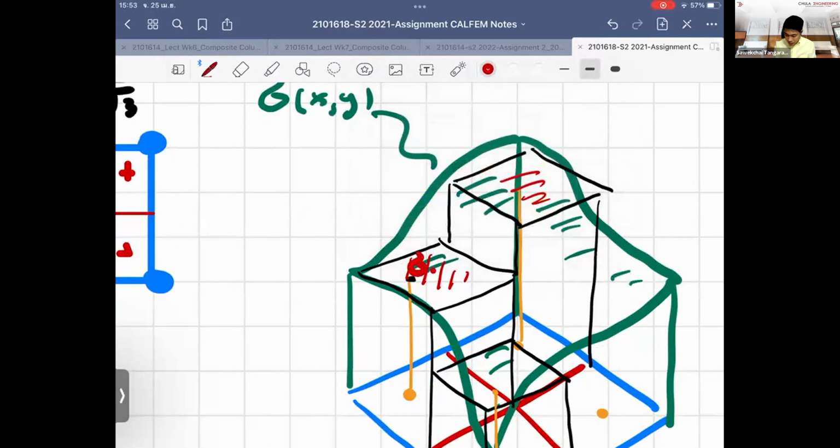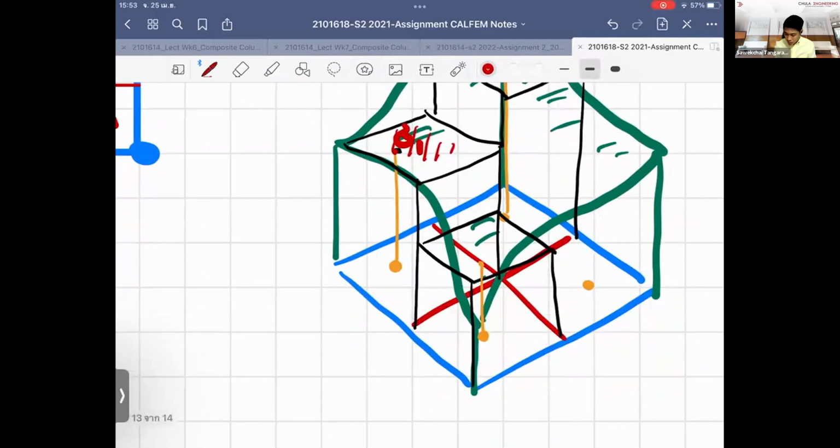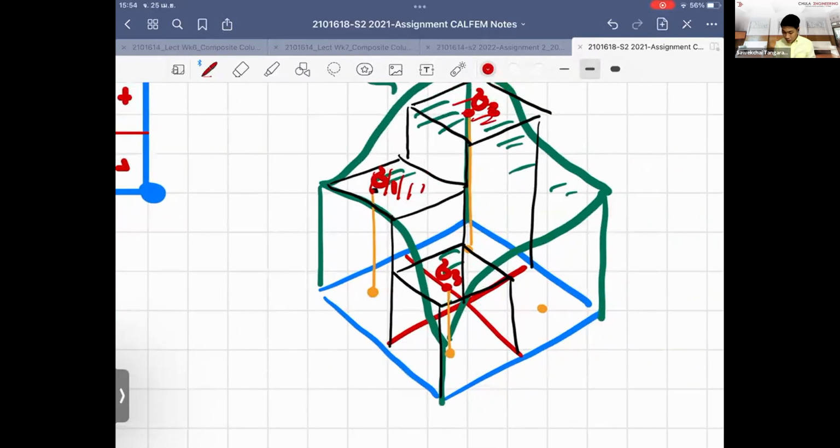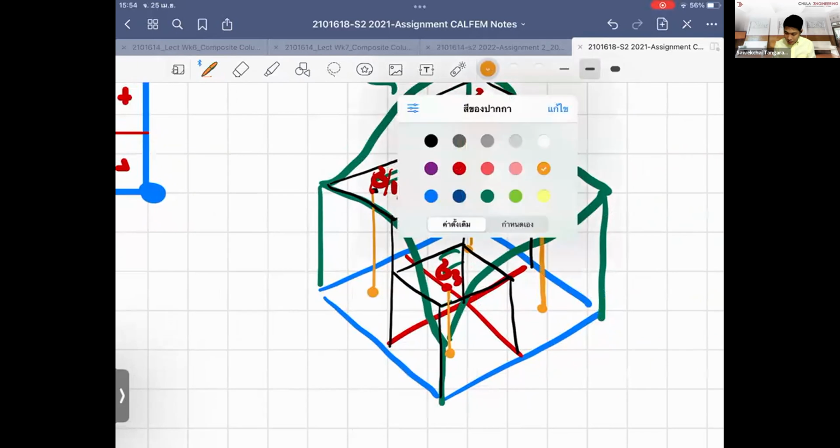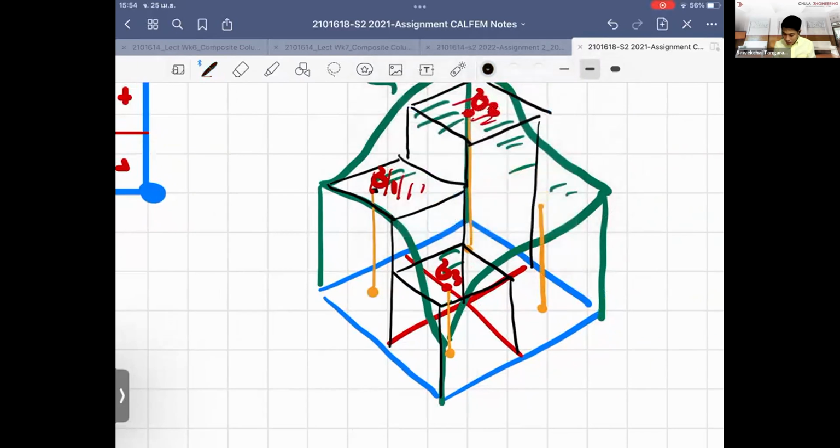You may have Gauss point number 1, Gauss point number 2, Gauss point number 3, and so on. This projection just approximates the value of the stress.